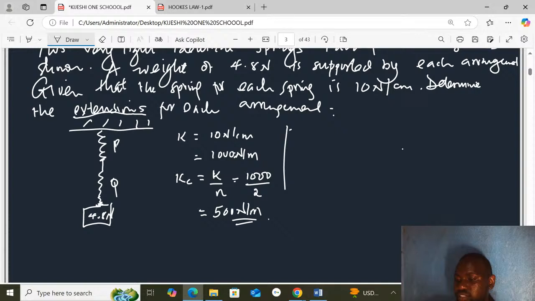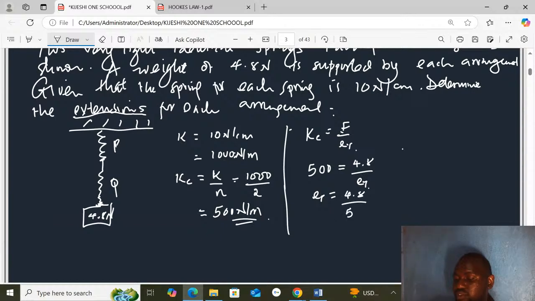From that, now we say that combined spring constant will be given by the force over ET, and we are having 500 newtons per meter is equivalent to 4.8 divided by E total. Therefore, ET will be the same as 4.8 divided by 500.